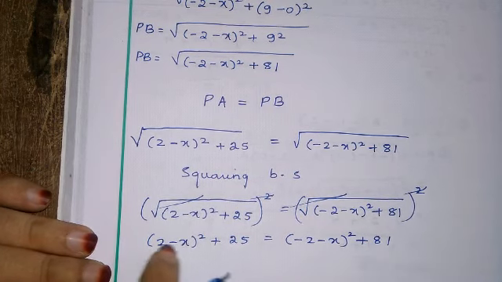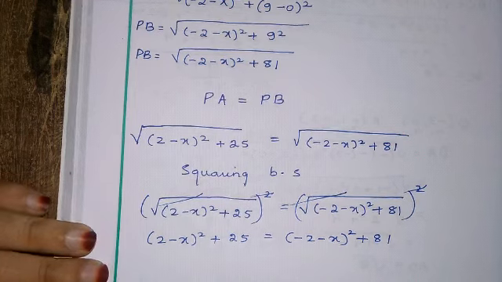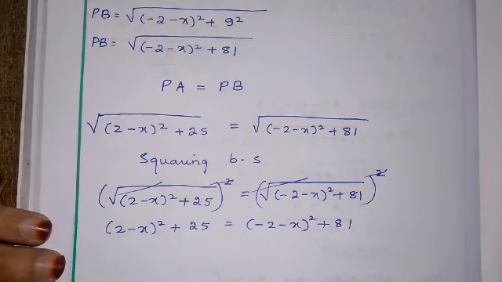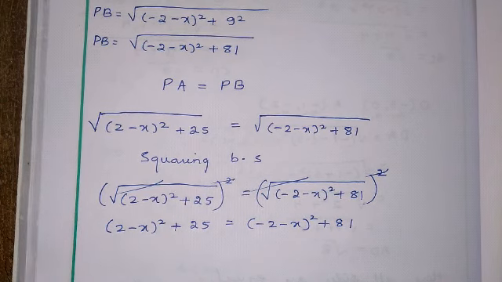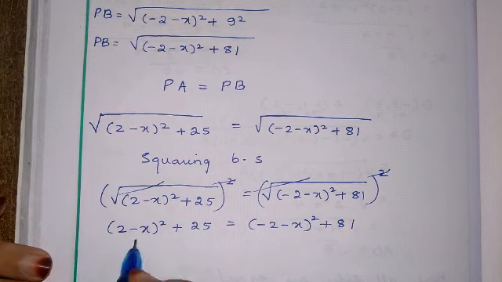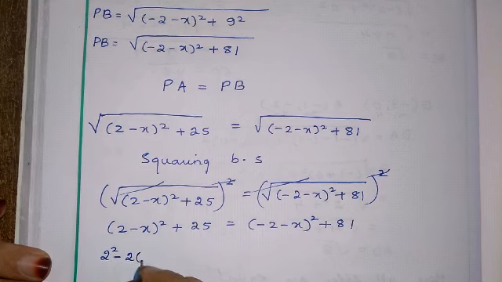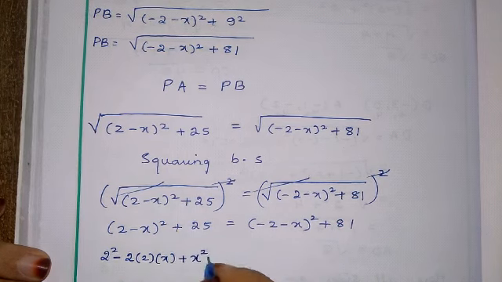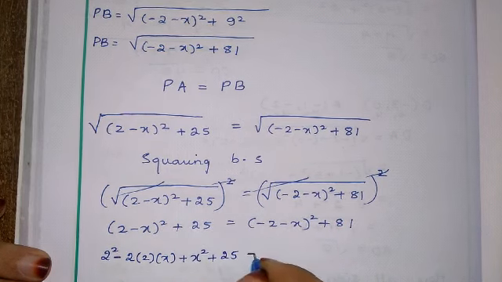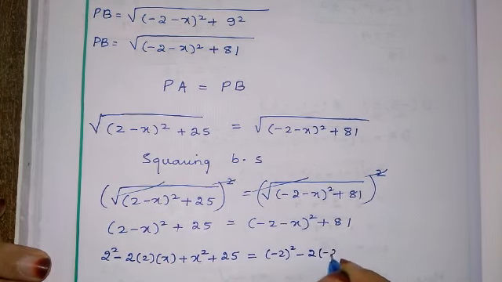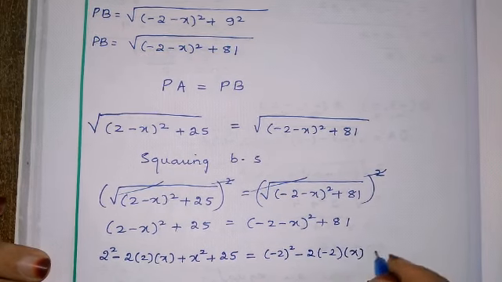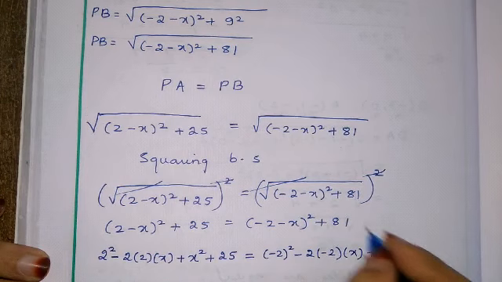We can see that it is the (a minus b) whole square formula. We have learned in our previous classes that (a minus b) whole square is equal to a square minus 2ab plus b square. So let me write a square minus 2ab plus b square plus 25, equal to this side also a square minus 2ab plus b square plus 81.